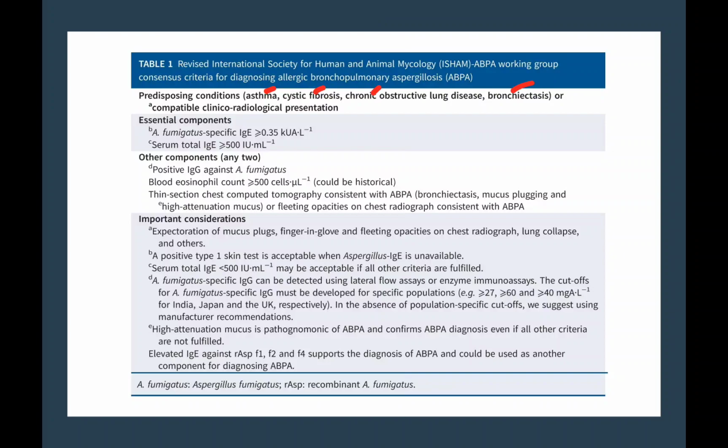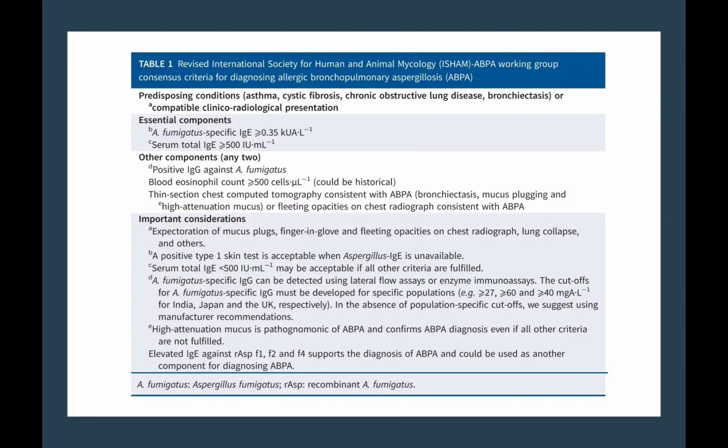That includes expectoration of mucus plug, finger in glove appearance or fleeting shadows in the X-ray, or lung collapse due to mucus plug, and other clinical features. So these are the predisposing conditions needed for diagnosis of ABPA.